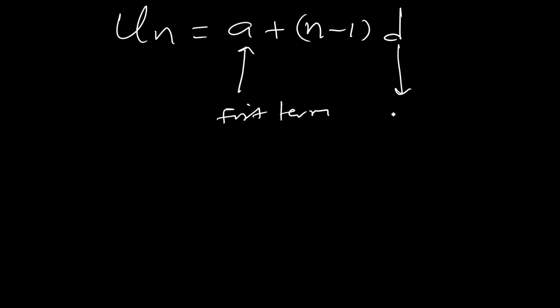Remember that A here is the first term, and D is the common difference. The n here is the number of terms.